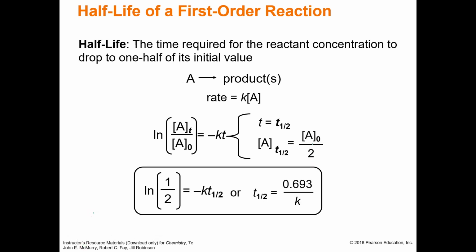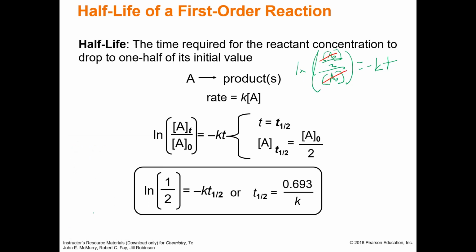So we can rewrite this equation, and I'll write it up here. We would have the ln of (A sub 0 over 2) over A sub 0 is equal to negative kt. But A sub 0 is the same on the top and the bottom.